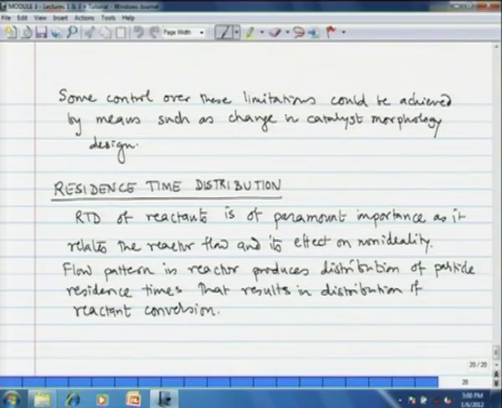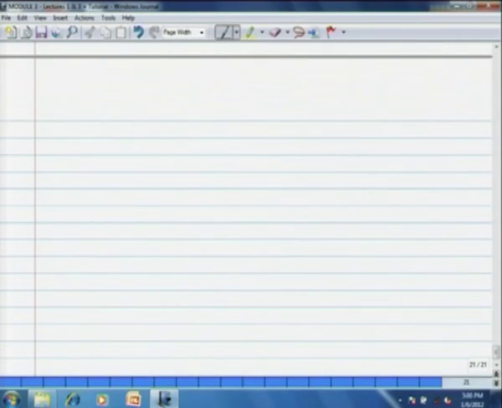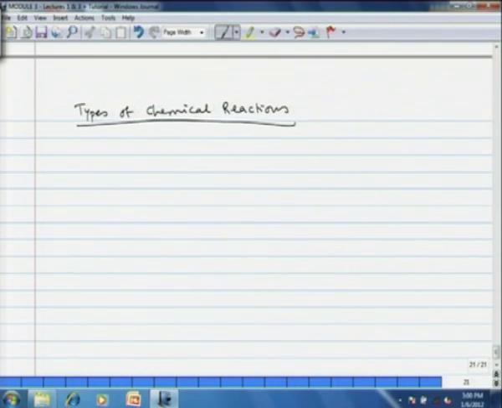Now, let us see a major aspect of reactor design, that is the type of chemical reaction. Generalize the reactions or various types of chemical reactions. The first category is that of elementary reaction.